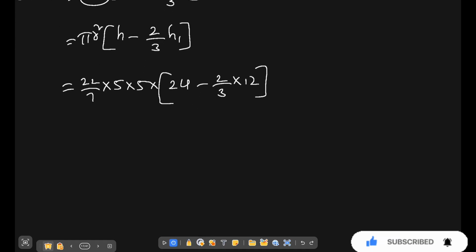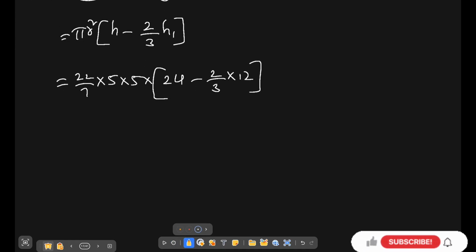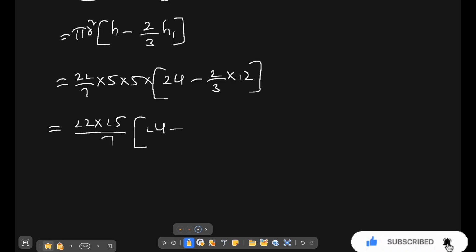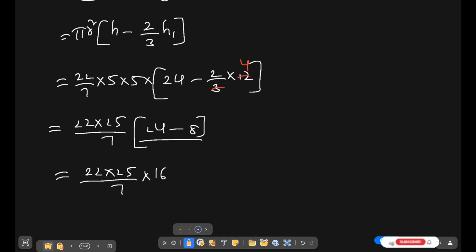So now what do we get? 22 into 25 by 7, inside the bracket 24 minus, 3 fours are 12, 2 into 4 is 8. Now 24 minus 8 is how much? 16.